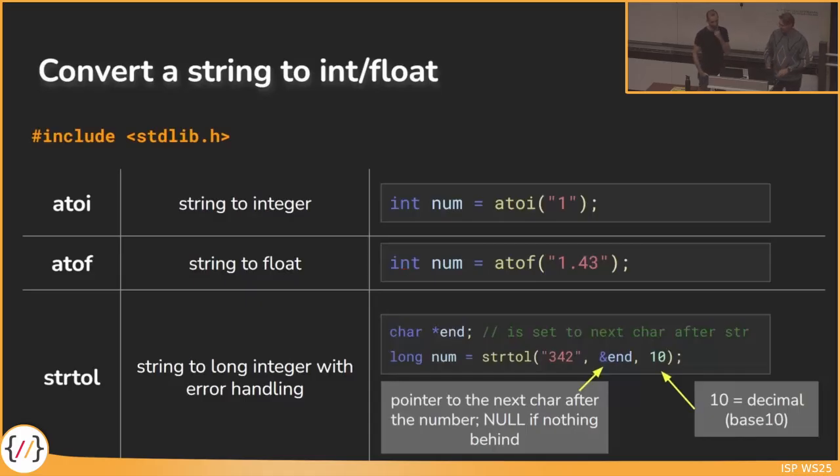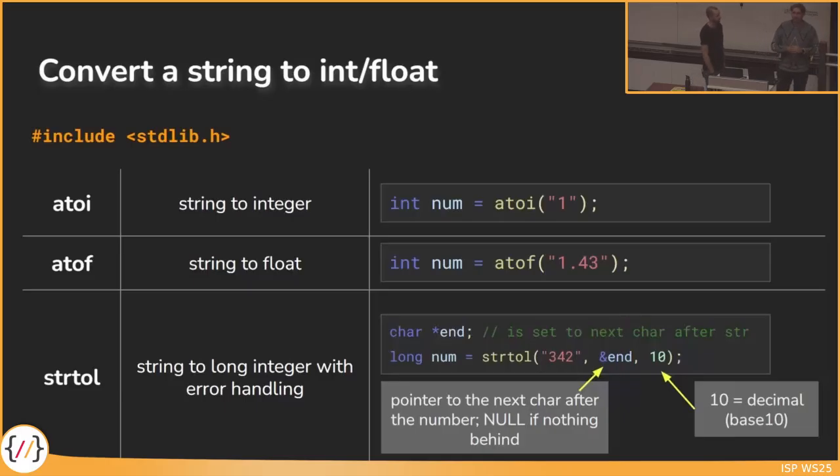Thank you again. One more additional cool thing about the strtol function is that you can also pass the base that you want to have it converted with. In most cases, we will just use base 10, so we just pass 10.